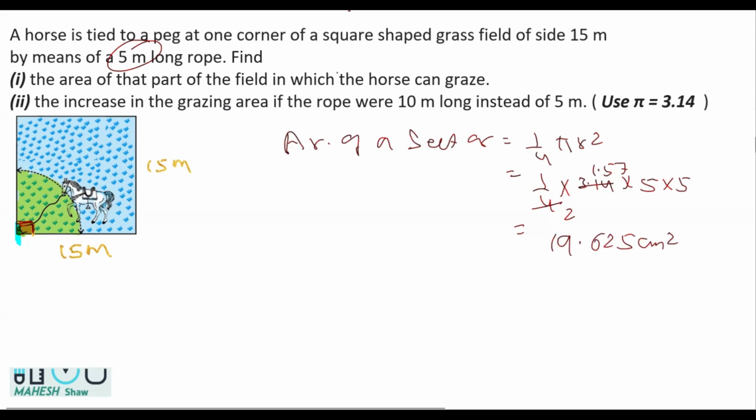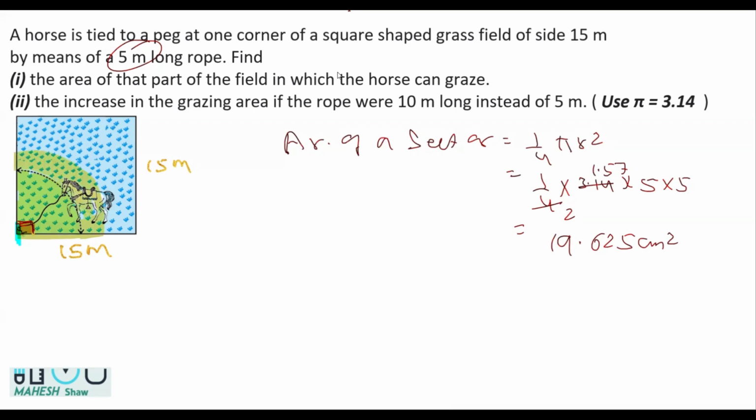In the second part, what does it say? What will be the increase in the grazing area if the rope were 10 meters long instead of 5? So we have to find the increase in area, not the new area. So assume the length of the rope is longer. Now it can graze a longer area, like it can move up to a bigger sector, right?